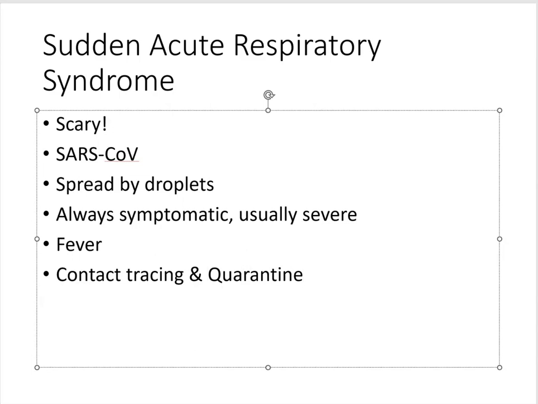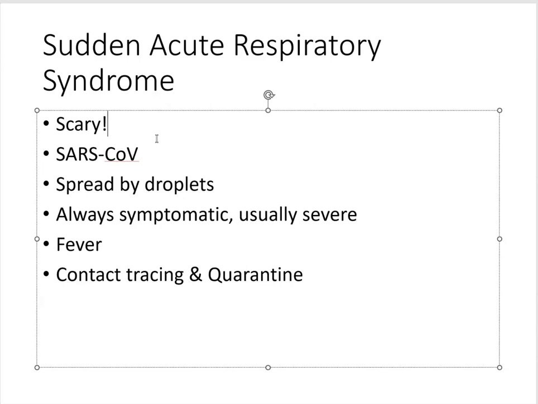So public health workers were able to end this. Why was it scary? It was scary because it killed doctors and nurses. There is a ward in a hospital, I don't remember where, but they lost a large fraction of the doctors and nurses who were caring for people with this disease.